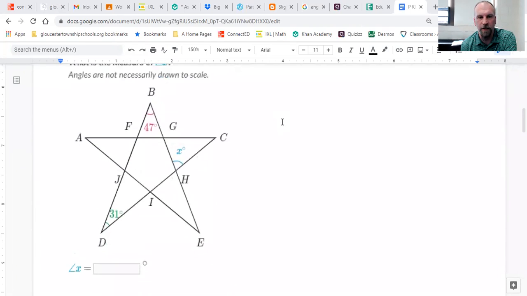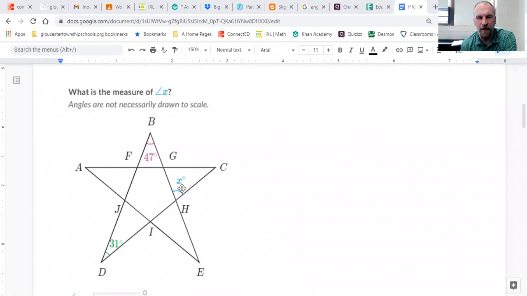The star. You want to find the measure of angle X. That is a messy looking star. But if I look at this star and I'm able to dissect it, I see triangles in the star.